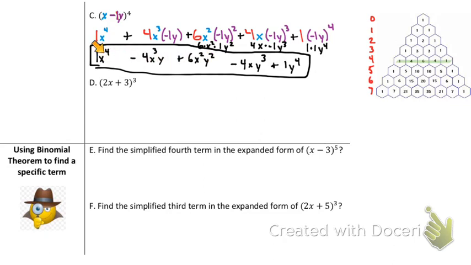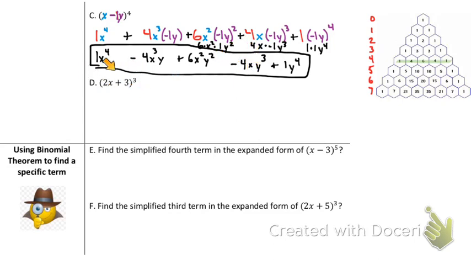The other thing I want to point out, this guy would be considered your first term, second term, third term, fourth term, fifth term. So if I ask you what is the fourth term here, you would go 1, 2, 3, 4. This would be your fourth term.